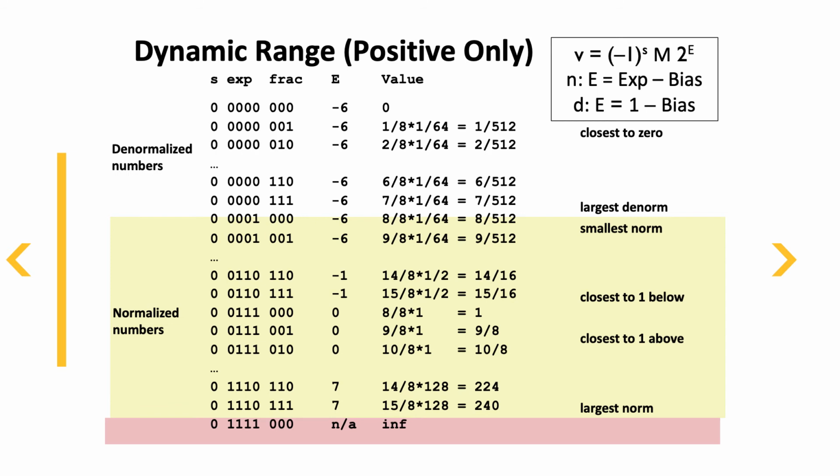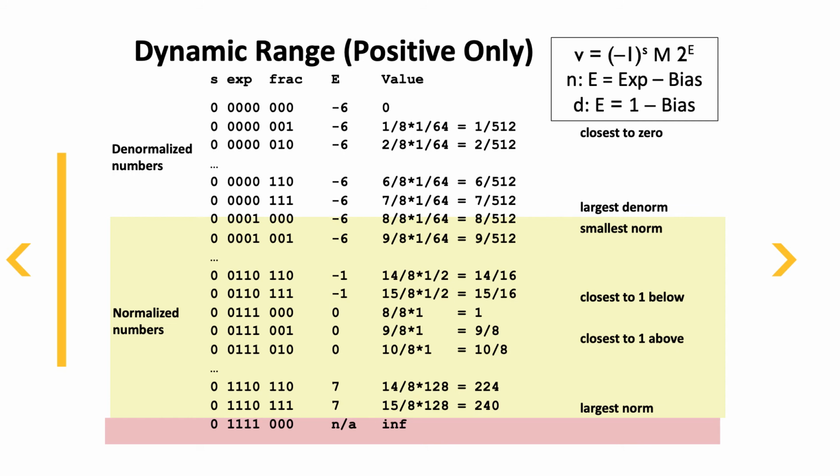So as we move on up, we just keep on counting, and eventually we run out of the option to represent things without our exp field becoming all 1s. When it does, we have all 1s in the exp field, and if we have all 0s in the frac field, this is positive infinity.